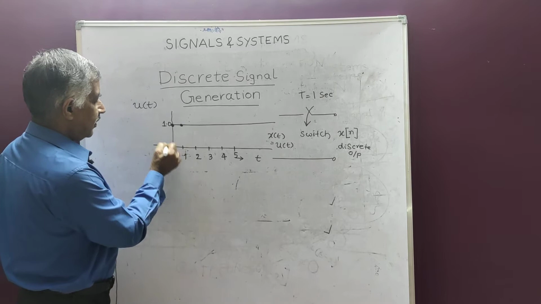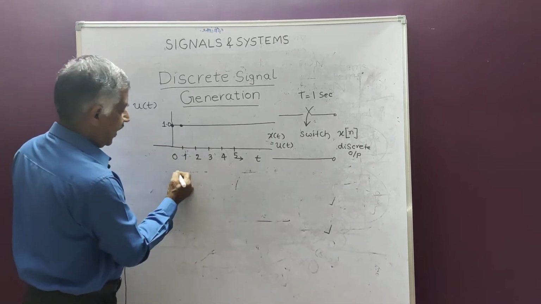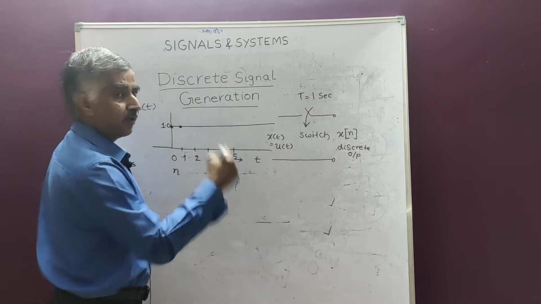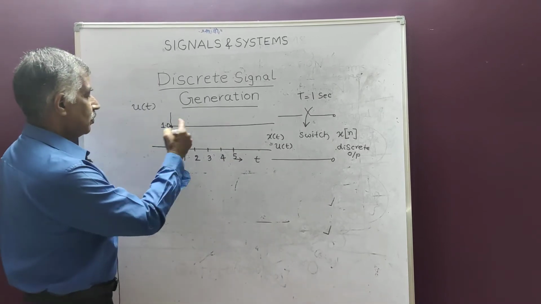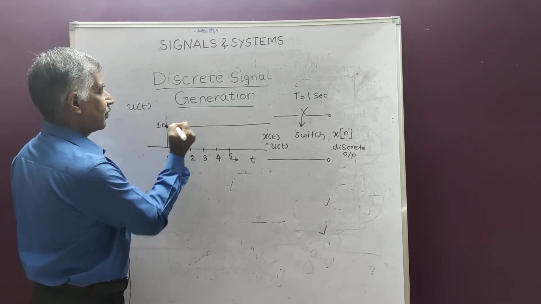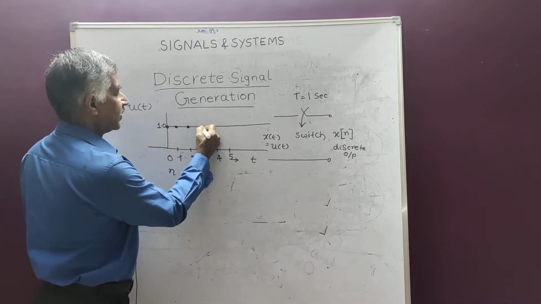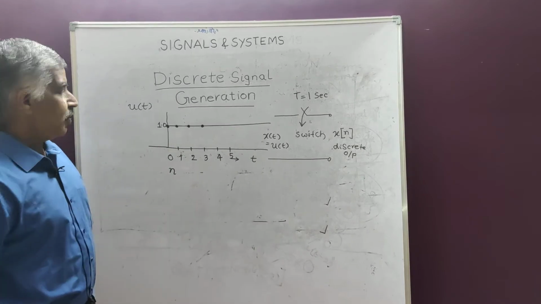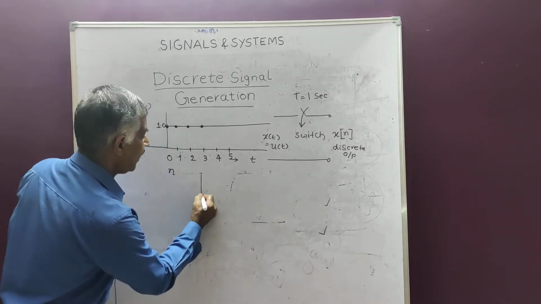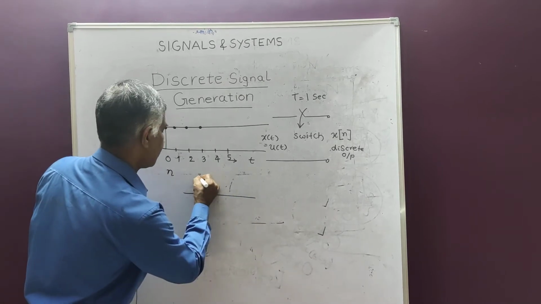So these are called n values. n takes 0, 1, 2, 3, 4, etc., integer values. Next, at the end of 2 seconds, this is the value. Next, at the end of 3 seconds. So in this way, you can generate a discrete signal, and the discrete signal looks like this.